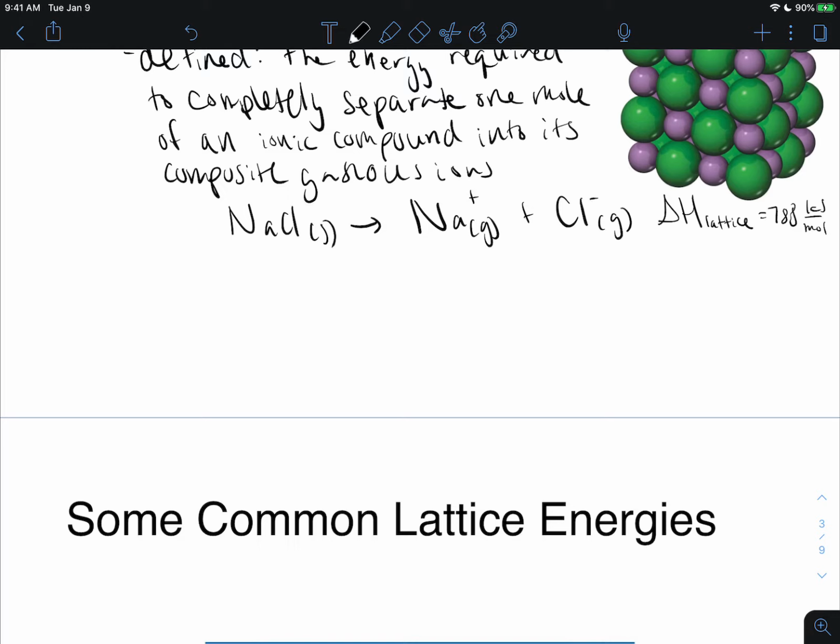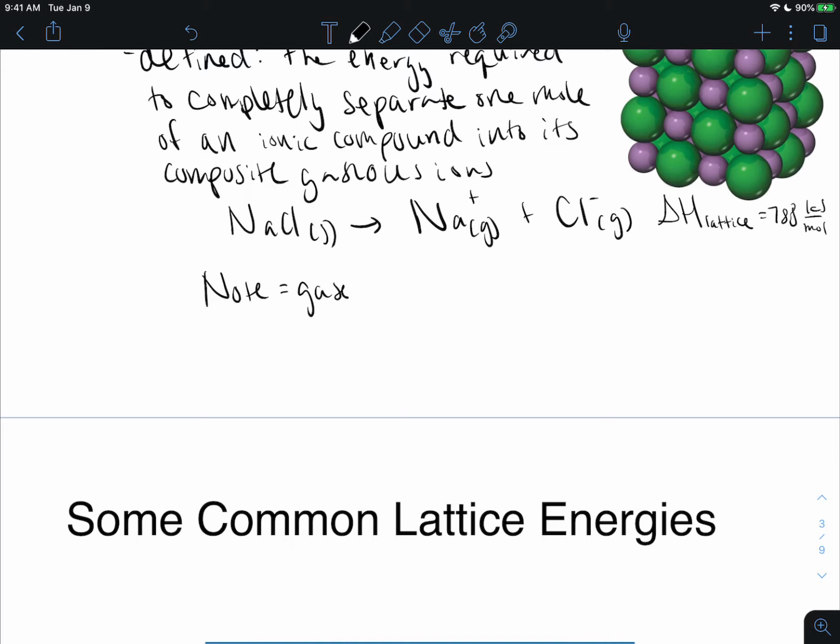And then as we form them into a solid compound, they are all together and they have those attractions between cations and anions going on. So it's not only just forming the ionic bonds, it's also the attraction that results from having those ions in close proximity to each other. That is completely devoid in the gaseous form itself.